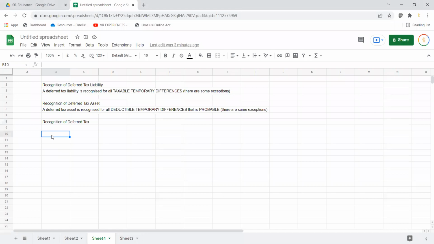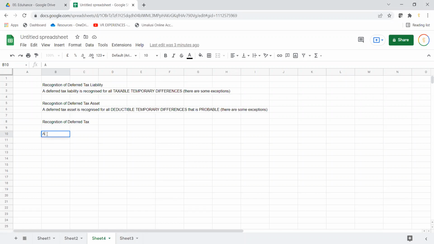So what you must understand is the general rule when it comes to deferred tax. This applies to current tax as well, but I'm talking from a deferred tax point of view.